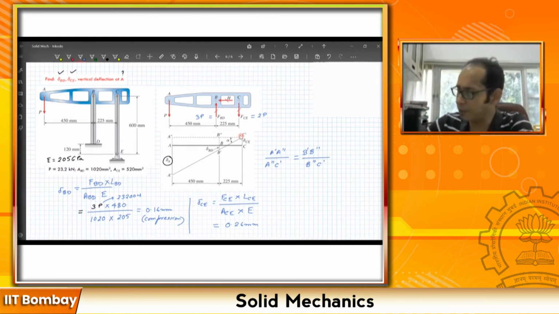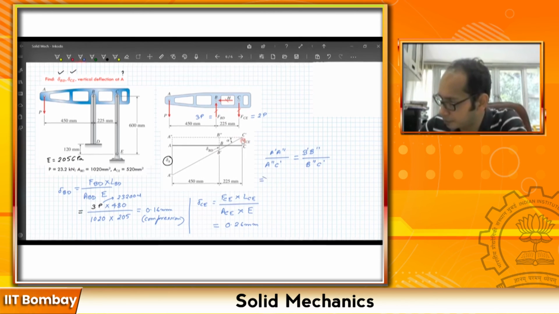Now if you just expand these quantities, this A prime, A double prime, is nothing but delta A plus this value of delta CE that you get over here. Remember, delta A is the one which we're trying to calculate, and delta CE we have already calculated.